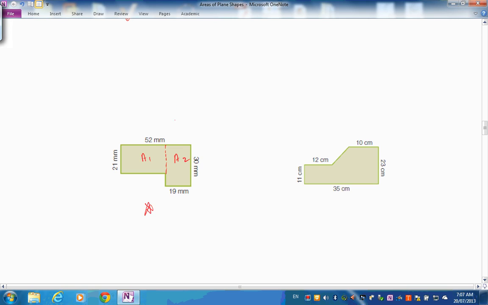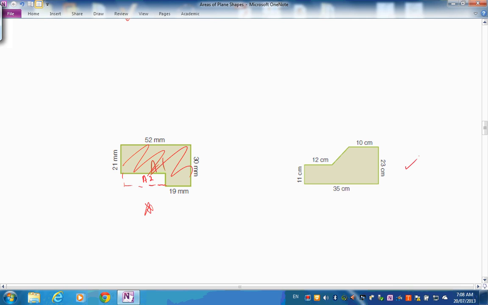But hang on, we could do it differently. We could call the big area, completing this, A1, and take away this little one in here, A2. Couldn't we? That's interesting.